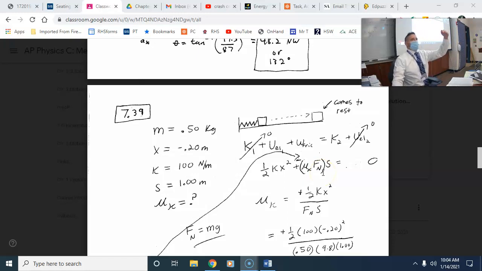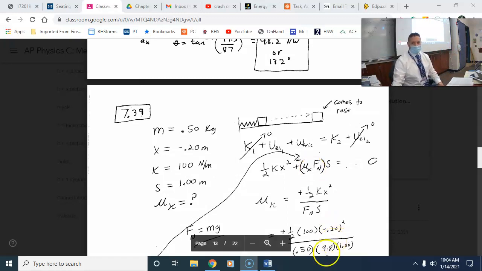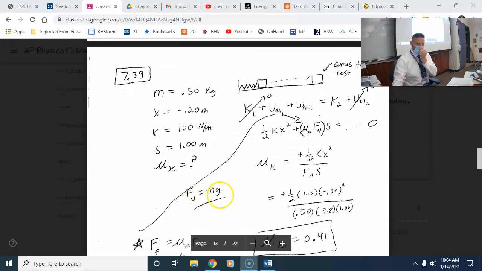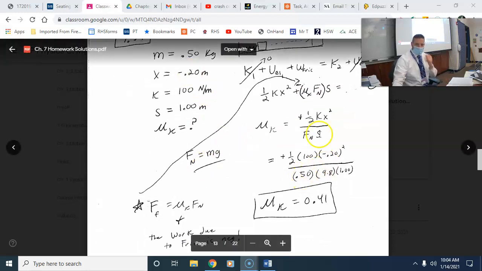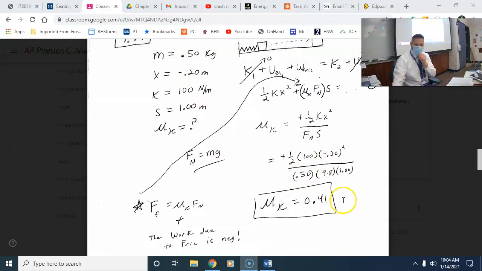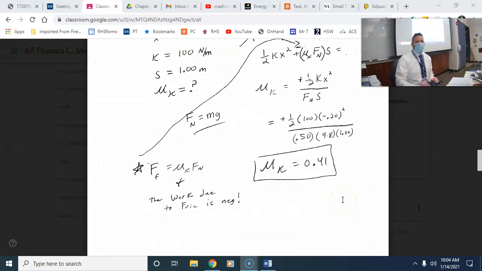Normal force, since it's just a plain old flat surface with nothing crazy going on, just equals the object's weight, right? So normal force equals mg. Plugging all those expressions in and solving for the only unknown, mu k, isolating it and popping in all those numbers, we get out 0.41 must be the coefficient of kinetic friction.